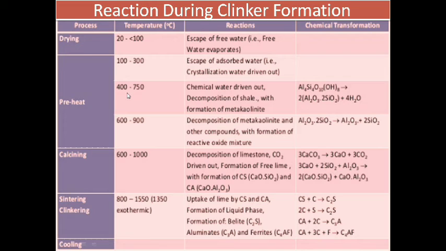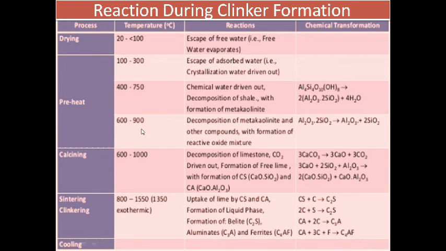Then at 400 to 750 degrees Celsius, the chemical water is driven out, with decomposition of clay with formation of metakaolinite. This is the whole process of metakaolinite, which contains the aluminosilicates that dehydrate to form metakaolinite.